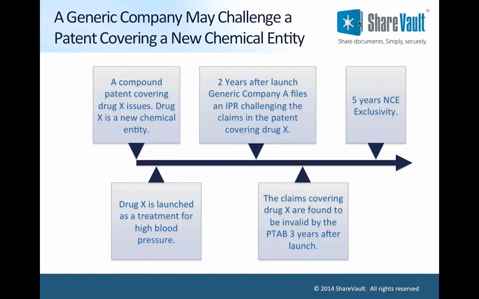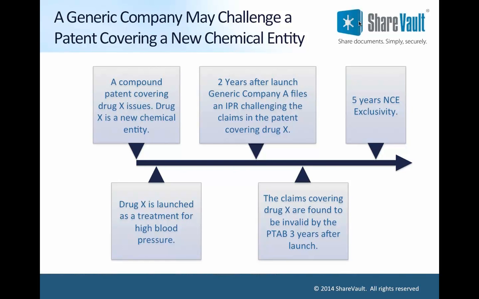Now, it's a new chemical entity, so when you have a new chemical entity, you get 5 years of exclusivity, and this exclusivity is granted by the FDA. It has nothing to do with a patent, but it means that nobody can compete with you on that new chemical entity for 5 years.